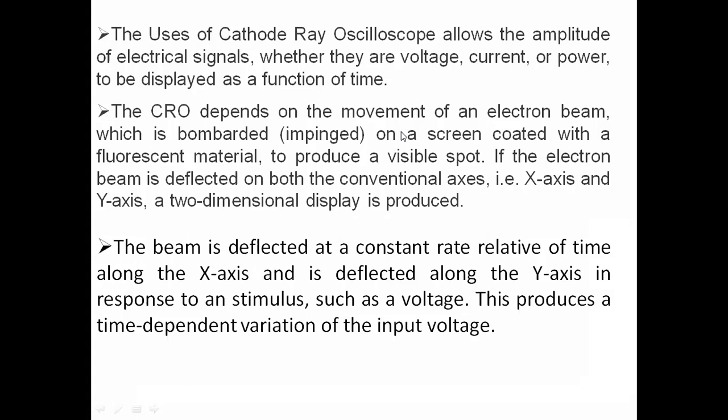Due to the voltage variations, the electron beam passes through these deflection plates, and the variation of the electron beam is displayed on the screen.